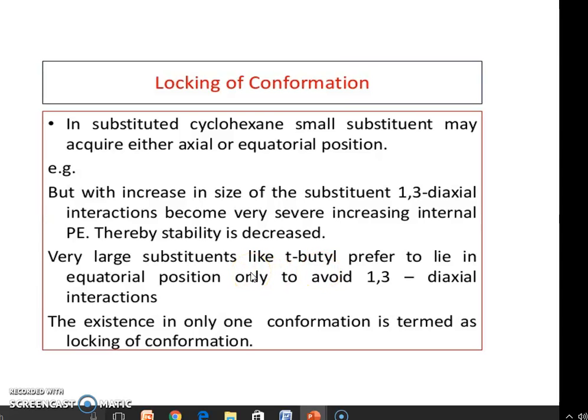In case of a small substituent, the interactions lead to an increase in the internal potential energy, thereby decreasing the stability of the conformation, whereas a large substituent, for example tertiary butyl, in the equatorial position avoids the interactions, making the conformation more stable. This is how we can talk about the locking of the conformation. With this, I think we have completed the first aspect of the conformational analysis of cyclohexane. Thank you.